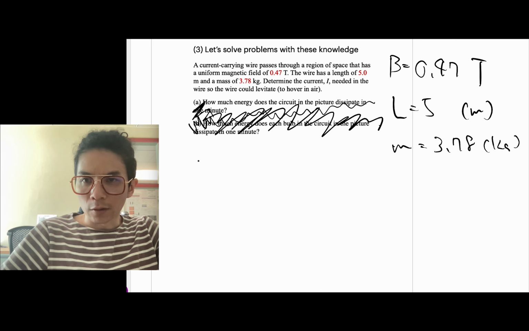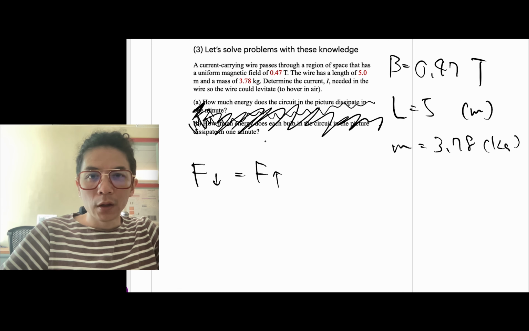So this is a hovering problem. The number one rule to start with when you have a hovering problem is to start with F downward equals F upward. Of course this F downward is gravity.